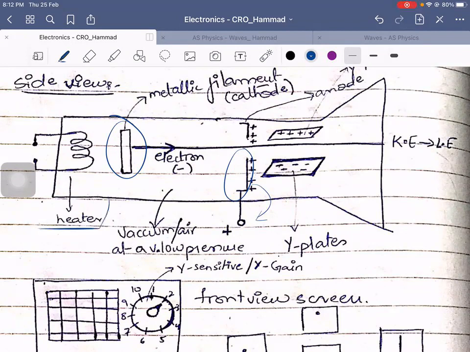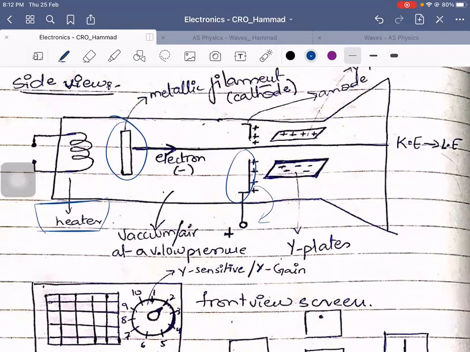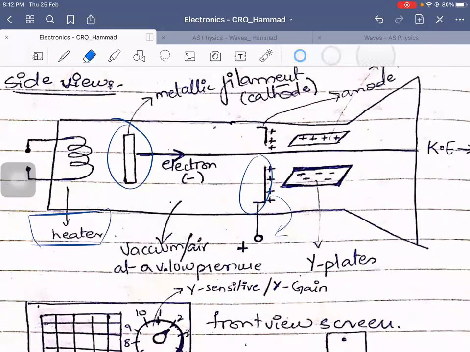Initially, I will switch on the heater, right? The heater makes sure that the heat provided to the metallic filament is sufficient to cause the emission of electrons from the metal surface.